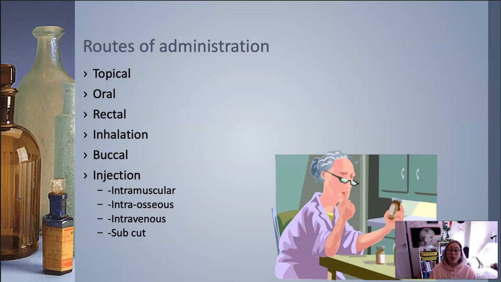So as I said, we could also have rectal administration. Different medications need to be administered in different ways. While rectal administration might be a little bit more invasive, it can be very useful in certain situations.